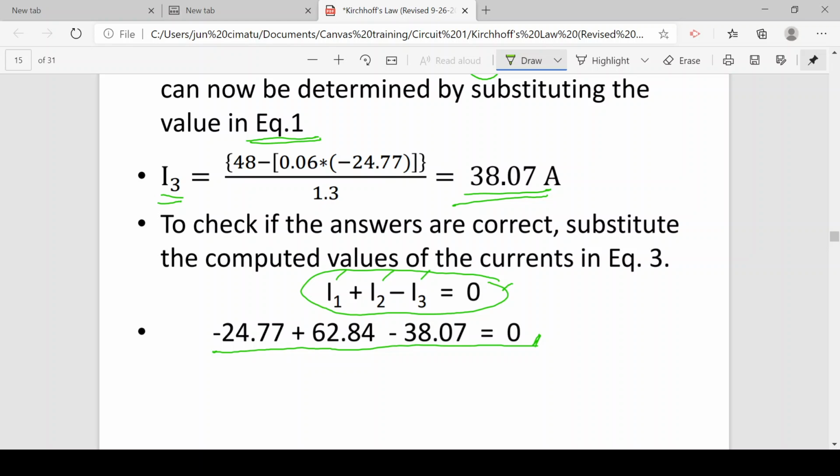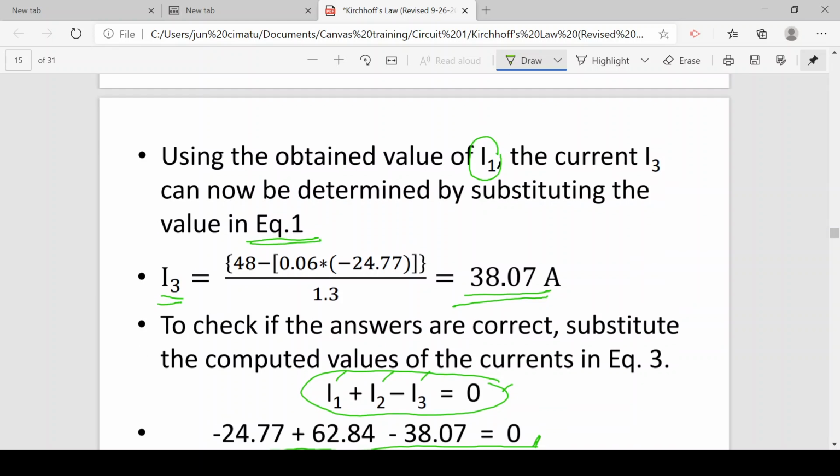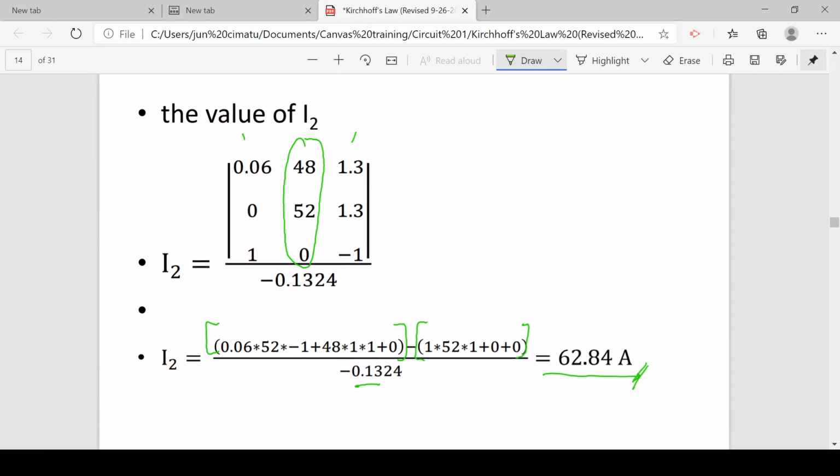Can you determine I sub 2 without using Cramer's rule?